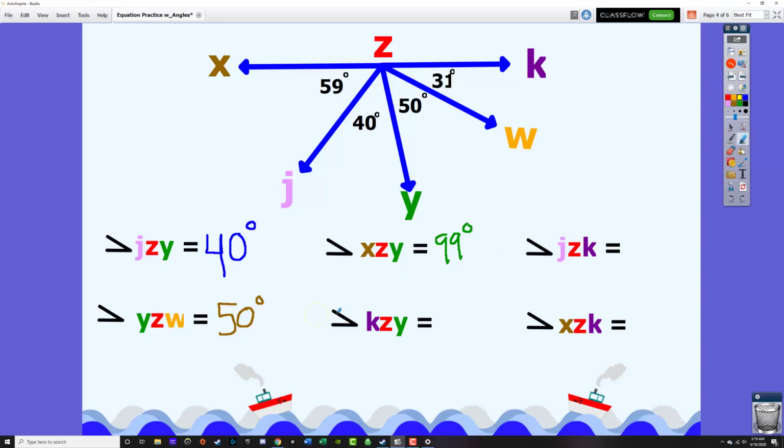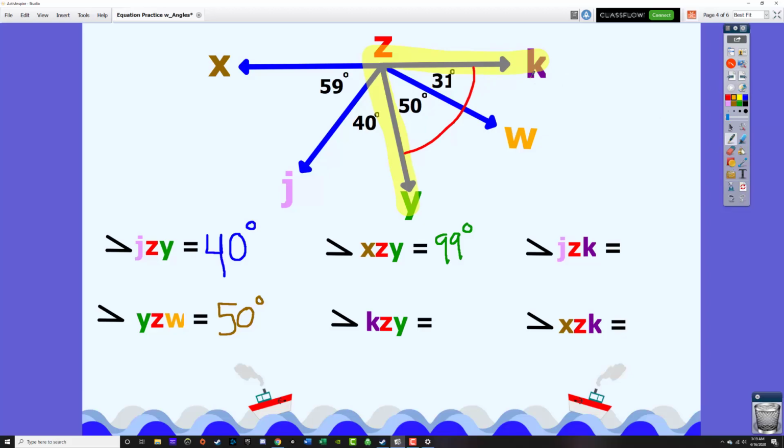Okay, next one. KZY. Once again, we have a bigger angle that has two smaller angles inside of it. So we want this distance all the way across.